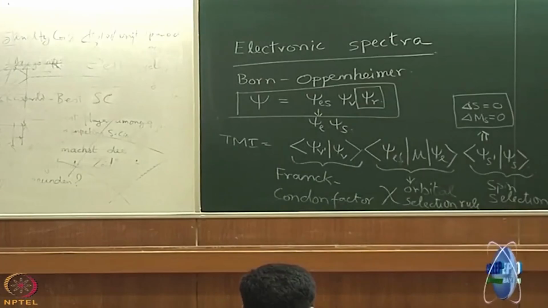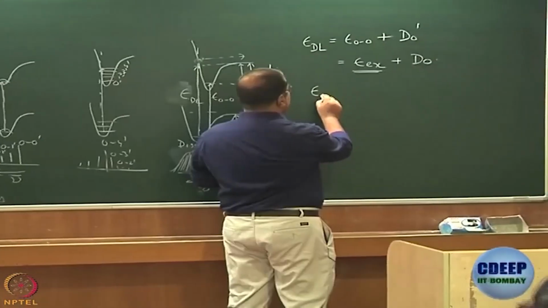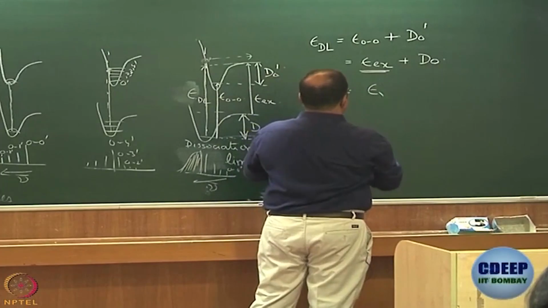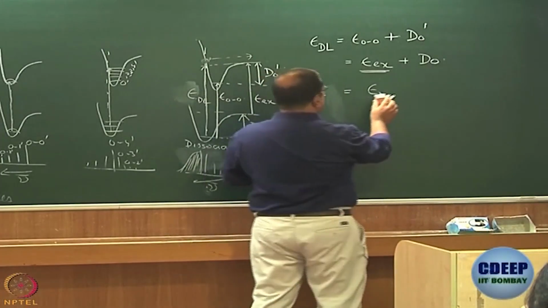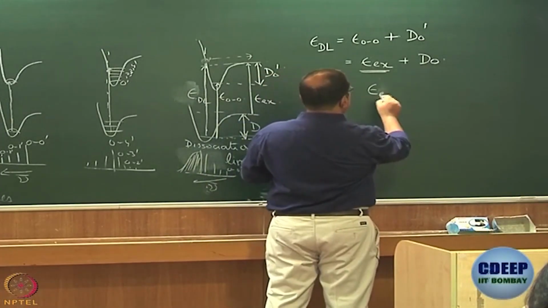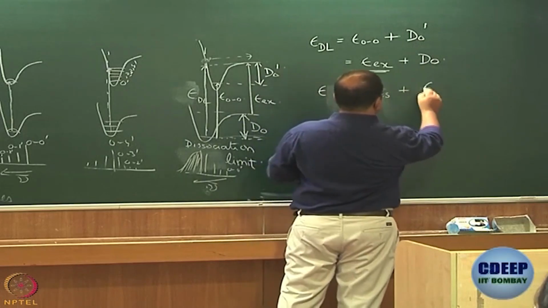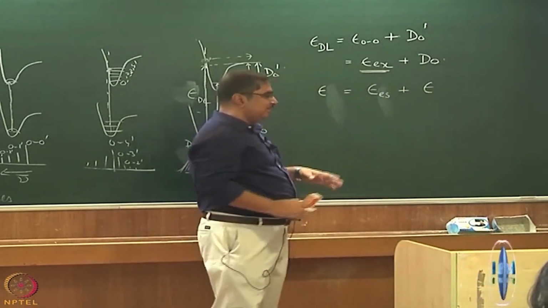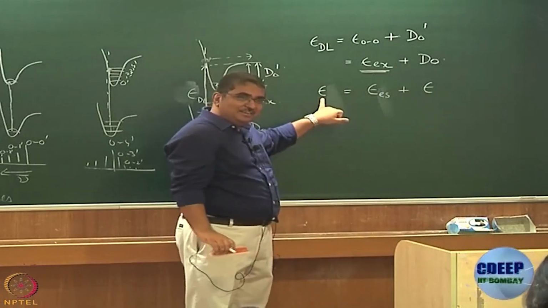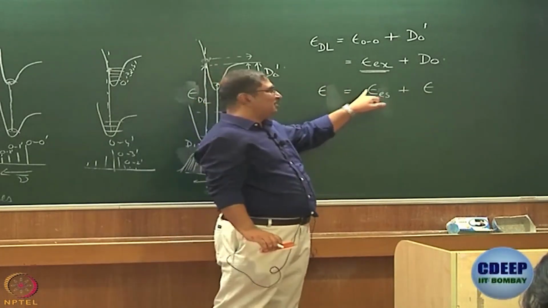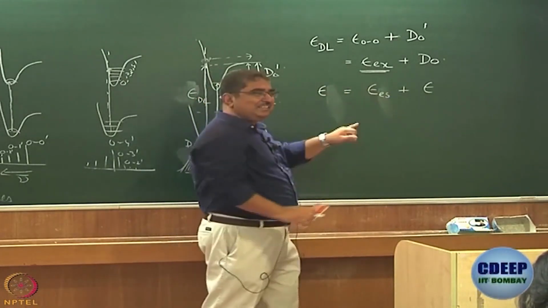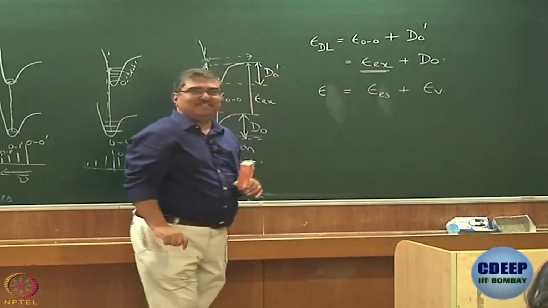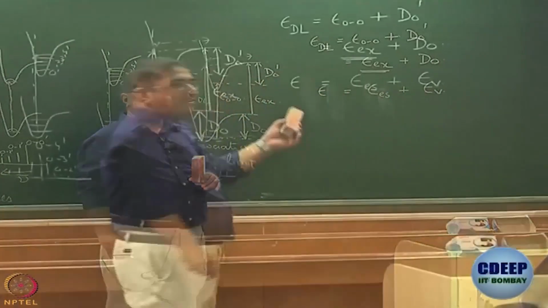So what we can do is write psi equals psi electronic times psi vibrational, and epsilon equals epsilon electronic plus epsilon vibrational.